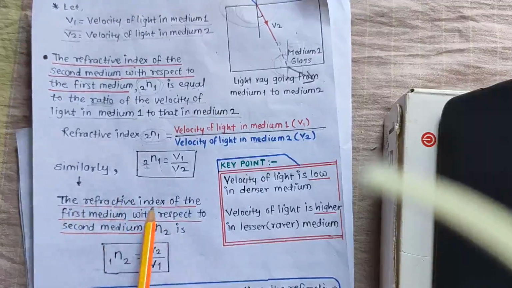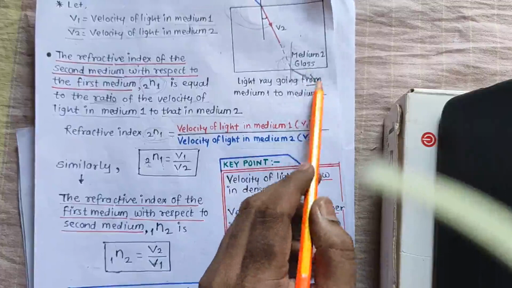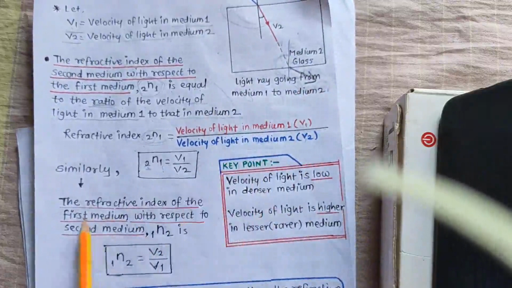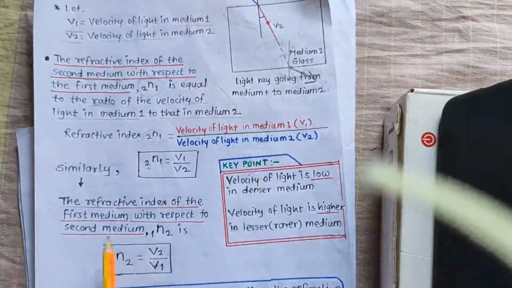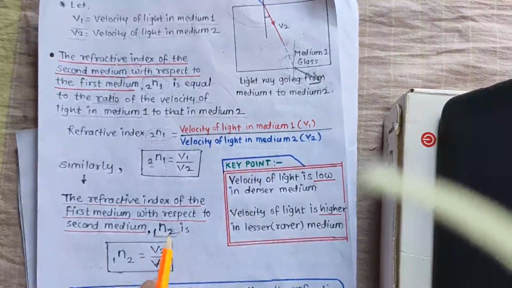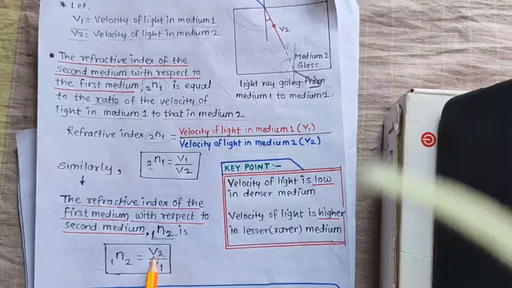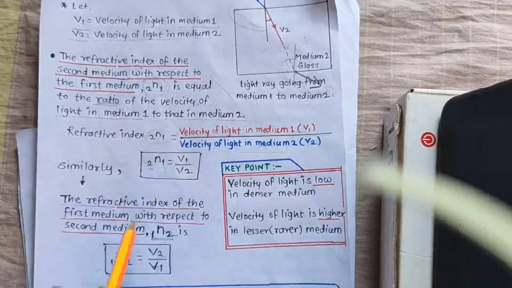The refractive index of the first medium, air, because light came out into the first medium, the air, with respect to glass, because the light came out from the glass. So the formula will be like this: the refractive index of the first medium with respect to the second medium is equal to V2, the velocity of light in medium 2, divided by the velocity of light in medium 1. So you need to learn these two formulas by heart.